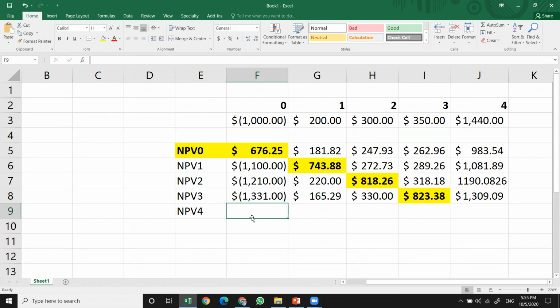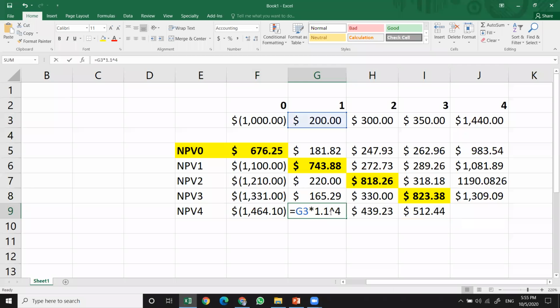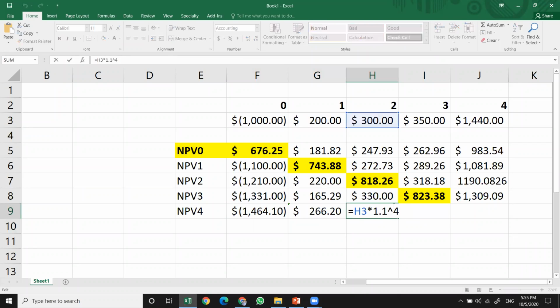NPV4, now we're compounding everything till the year 4. Three, two, and 1.